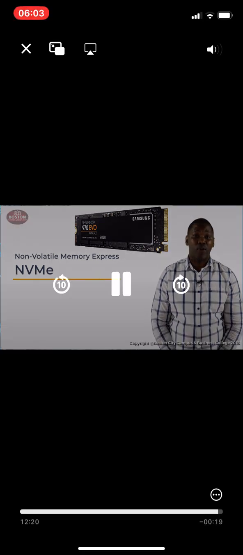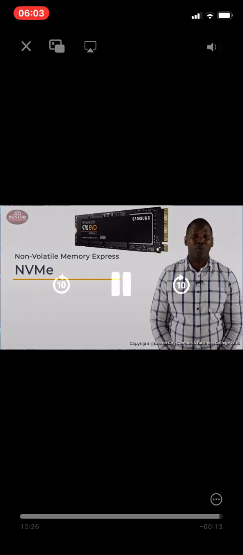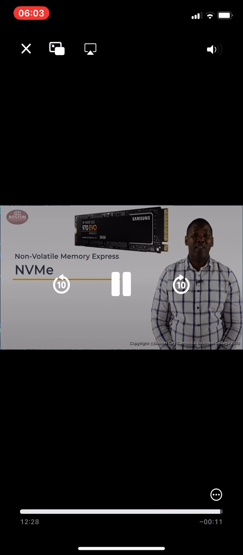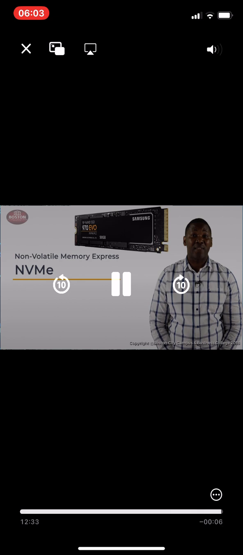NVMe SSDs come in a couple of formats, such as an add-on expansion card and a 2.5-inch drive, like the SATA drives for portables. NVMe drives are a lot more expensive currently than other SSDs, but offer much higher speeds.